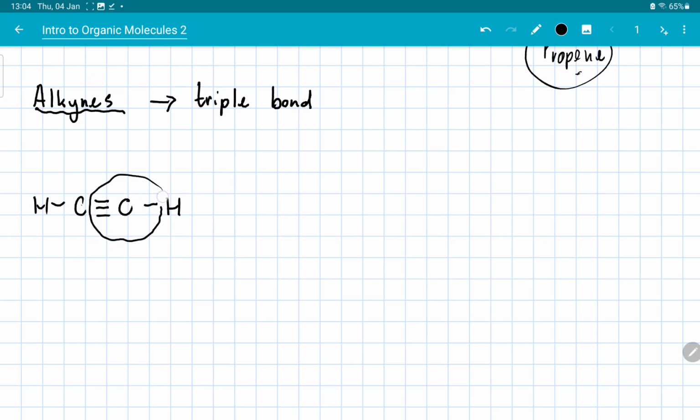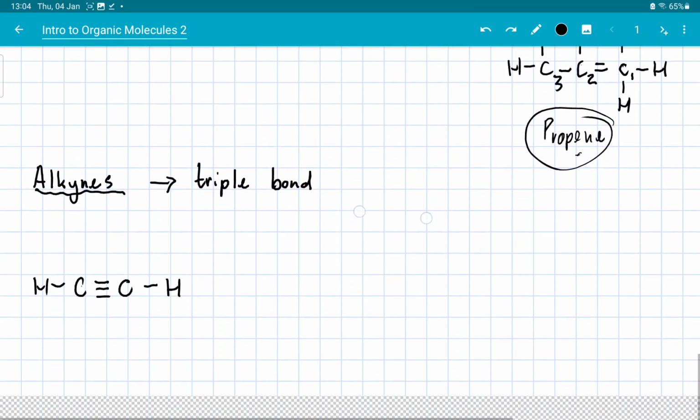Each carbon is surrounded by 4 bonds, which each represent 2 electrons, equal to 8 valence electrons.